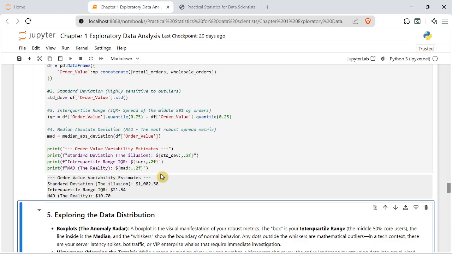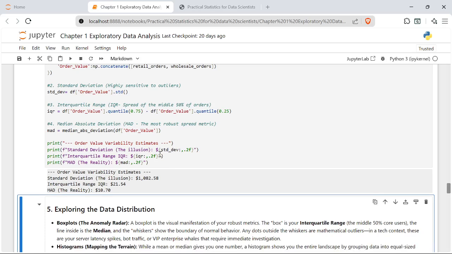But the math is lying to us. When we calculate IQR and the MAD, which are robust against the extreme outliers, the actual spread drops down to just $21 and $10.